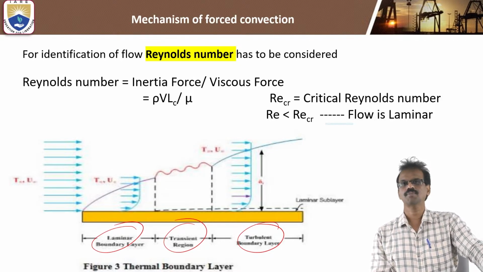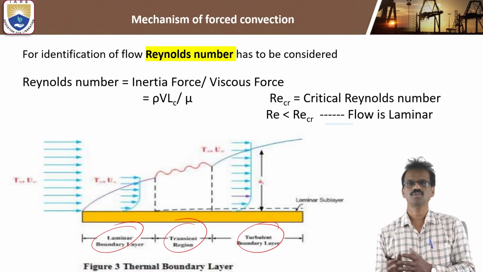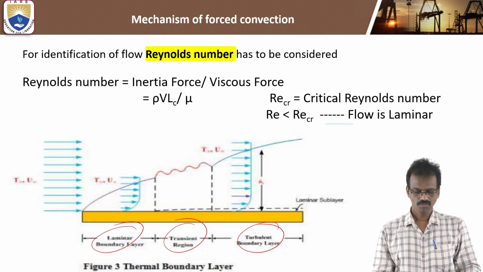In the transient region, some particles follow laminar flow and some particles are in the turbulent flow direction. So here you can observe.